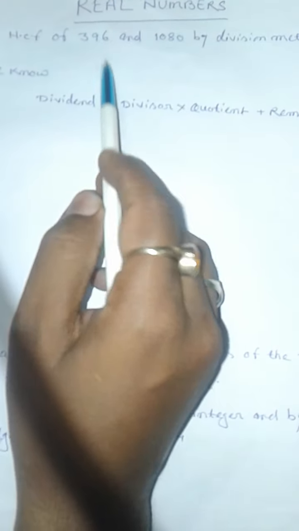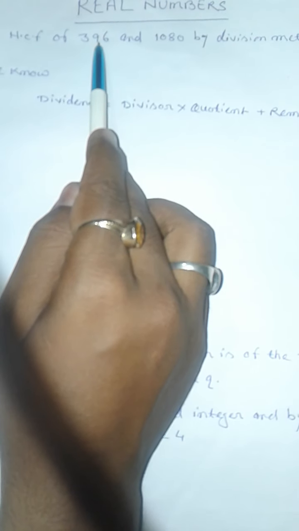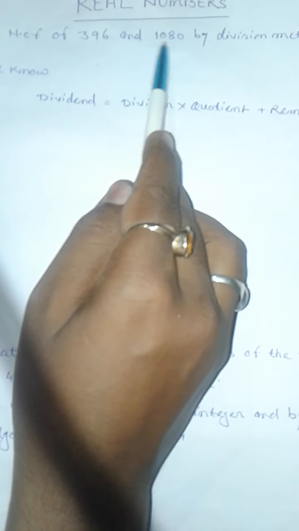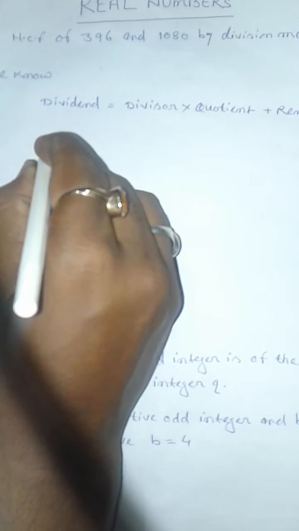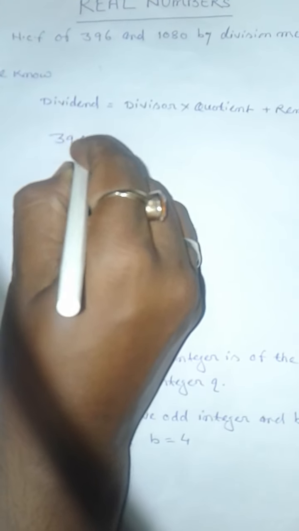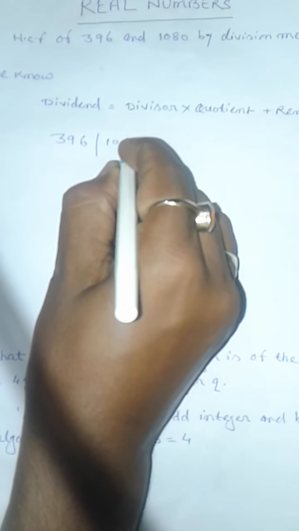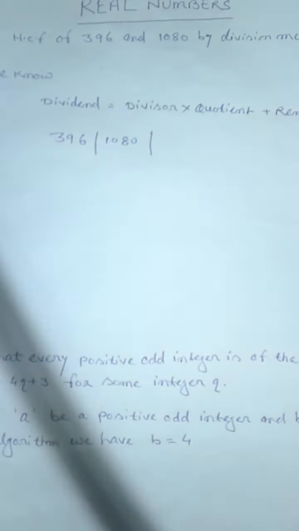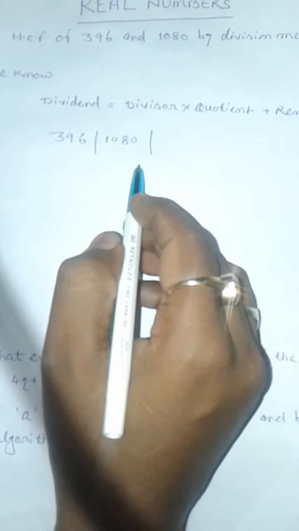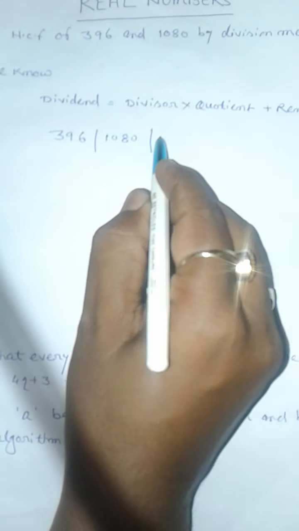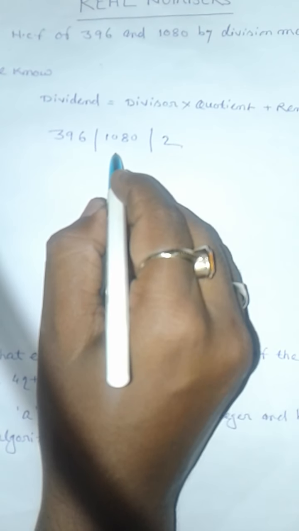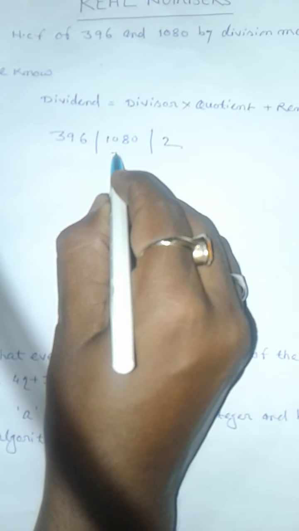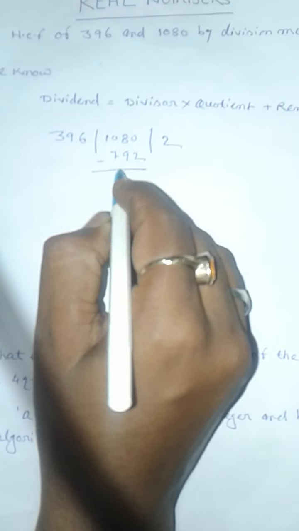So how we can do it? First of all we have to know which one is greater. 1080 is greater than 396. So we will divide 1080 by 396. It will go how many times? It will go 2 times. If we multiply 2 into 396, we will get 792. Let us subtract this one.